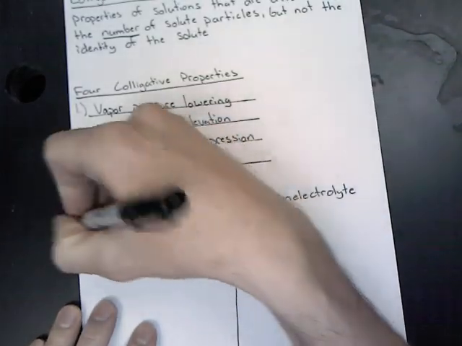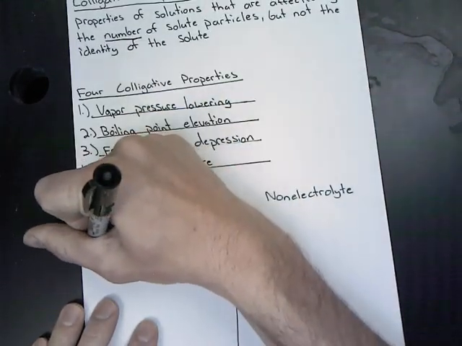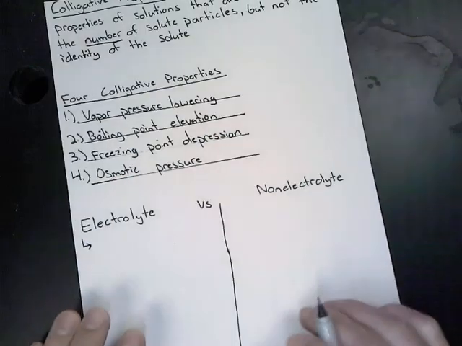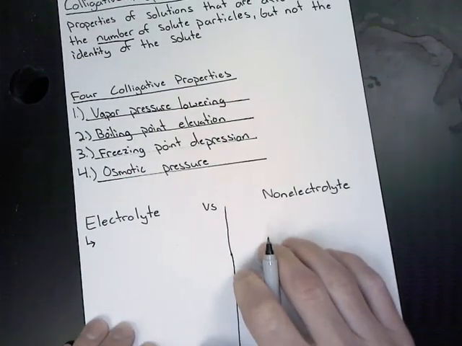So an electrolyte is a compound that completely dissociates in water.